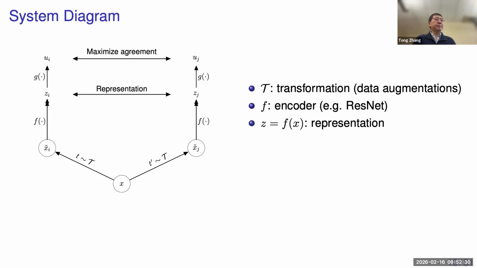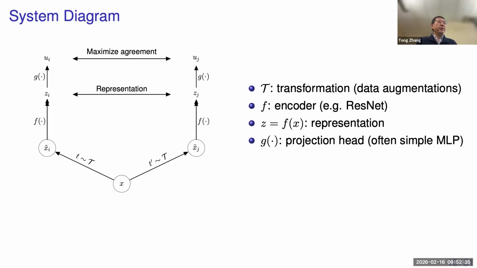Z is a representation, and then G is actually the projection head. It's usually an MLP. We'll comment on that. This is one of the non-trivial things about this paper. Somehow they discovered it's better to do it this way, and they have explanations. We'll come back to that.